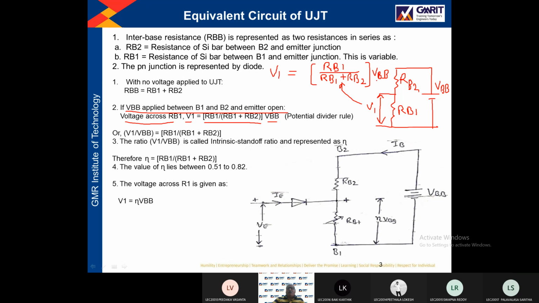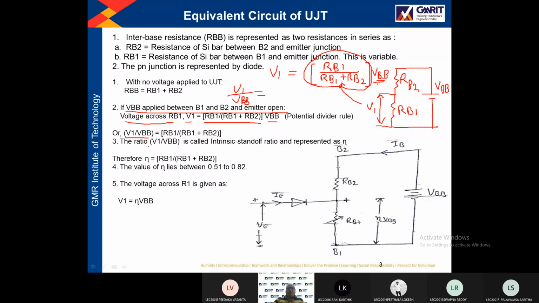This VBB I bring towards the left side. So what we will get? V1 by VBB will be equal to this part, RB1 divided by RB1 plus RB2.